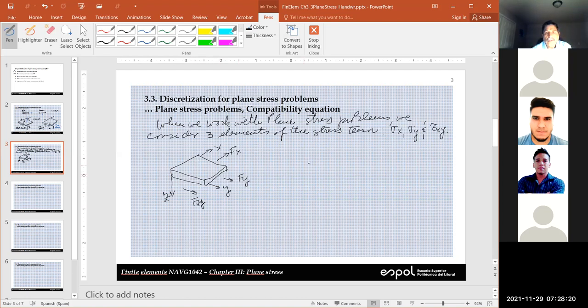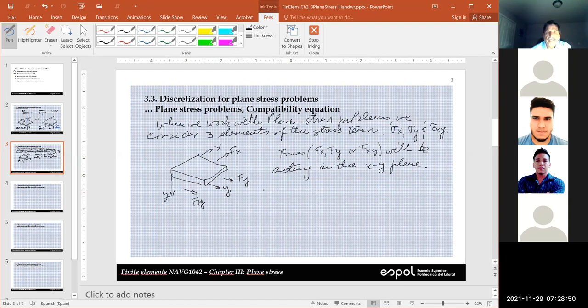So the forces Fx, Fy, or Fxy will be acting in the XY plane. We have nothing that causes bending, only loads in the plane.